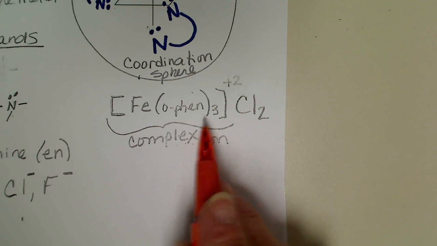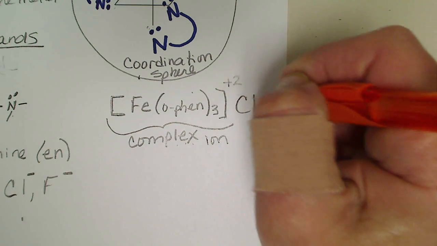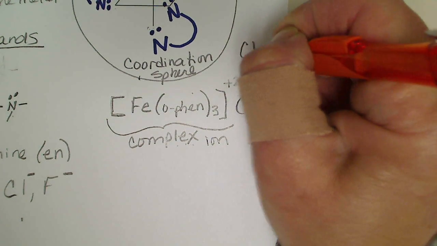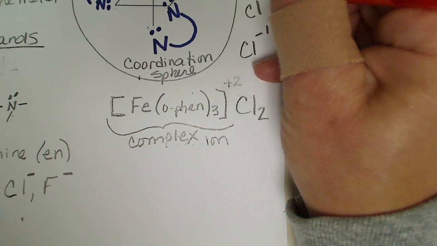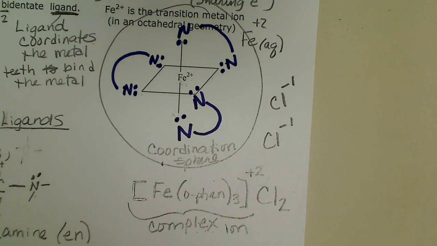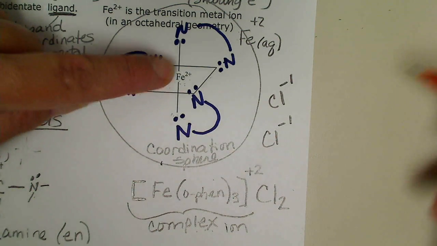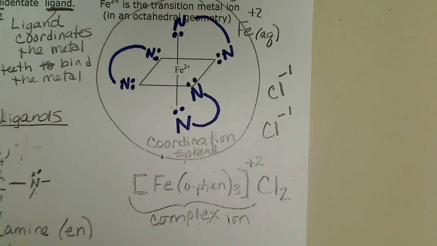So if we saw the entire formula, that Cl2 means there are 2 chloride ions also in solution, so that this entire formula's charge cancels to 0.